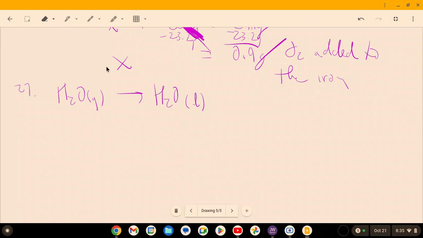Burning of gasoline. Well, that's going to be CxHyOzNq. And I think, what's the other one? There's like 5 main ones that I see, like sulfur.